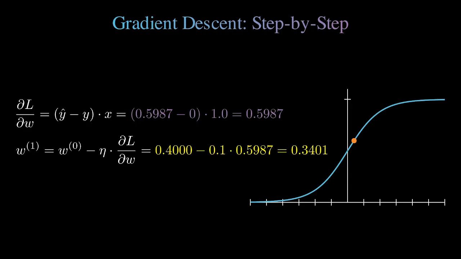So what we are doing is, weight 1 is equal to weight 0 minus η. This is the learning rate. So the learning rate can be 0.1, 0.2, based on your problem statement. You can define the learning rate, and then we are multiplying our learning rate with the derivative of loss with respect to weight, and we are adjusting our weight. Then this particular weight 1 will again go to that formula where z is equal to wx plus b.